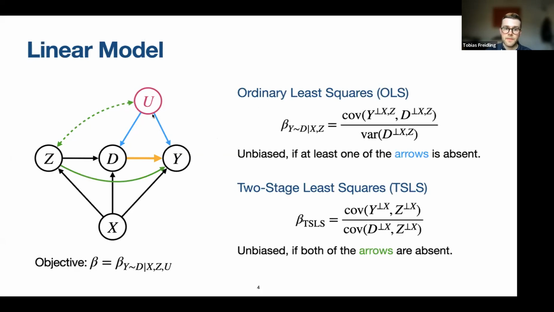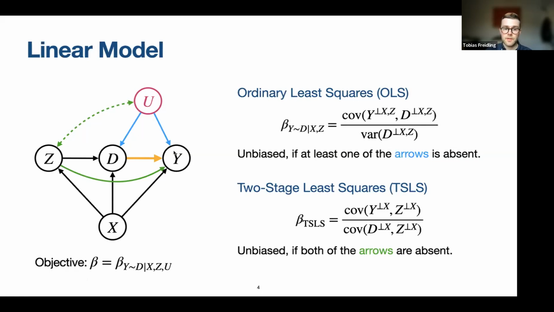And if these causal links between U and Y and U and D, if at least one of them does not exist, then this ordinary least squares actually is the same as our objective. So we get a consistent estimator this way.